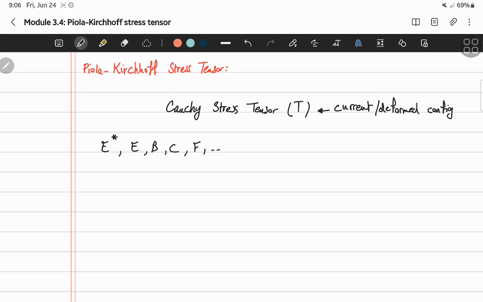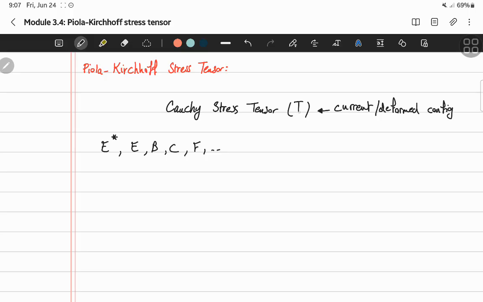Here we also use a different type of stress tensor to characterize the tractions, or the forces and the stress in a continuum. So far we use T.